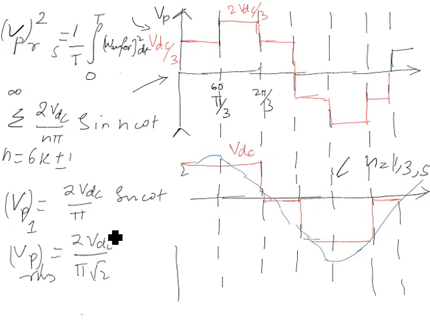And then finally you have to take out the RMS value. You will get root 2 VDC by pi. So take out the THD of this waveform, this stepped waveform.